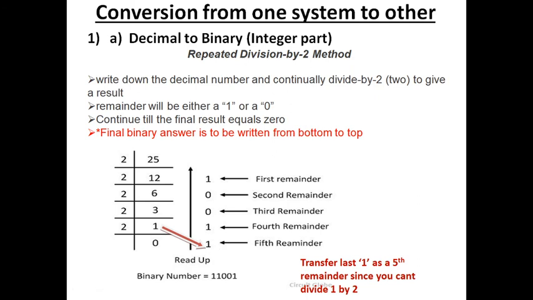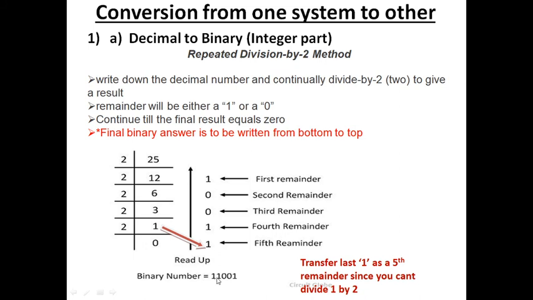Now while writing the answer, remember this arrow. This arrow is from bottom to top, meaning when you are writing the sequence of the binary number, you have to write from below to top. So 25 is a decimal number, and its equivalent binary number is 1 1 0 0 1.